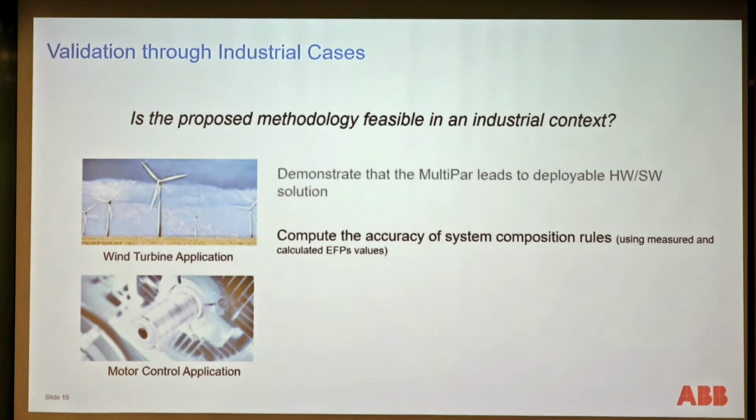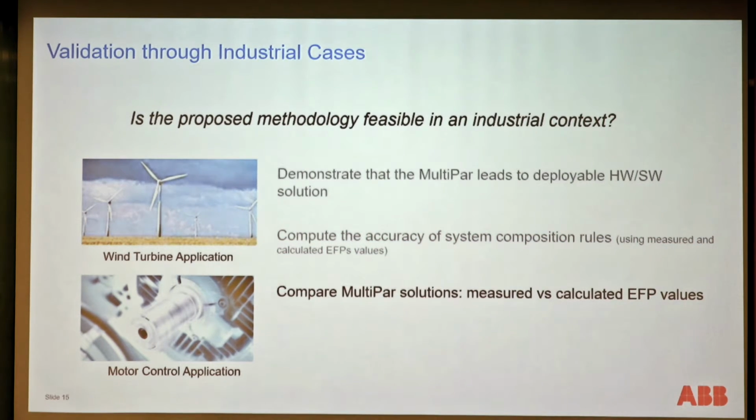Then we want to compute the accuracy of the system rules that we propose. To do this, we measure the values, calculate the values and compare the results. When we use multi-criteria decision analysis and rank the values, we get a ranking, and we want to see if this ranking is comparable with the ranking achieved using measured values and calculated values.